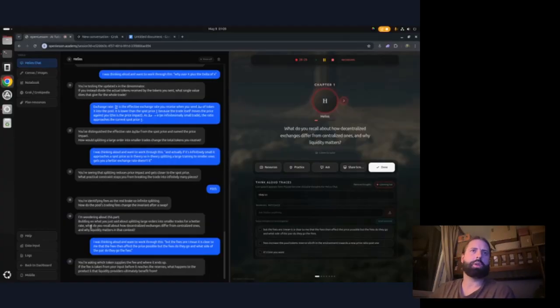Okay, so building on what you just said about splitting large orders into smaller orders and fees, what do you recall about how centralized exchanges differ from decentralized ones and why liquidity matters in that context?